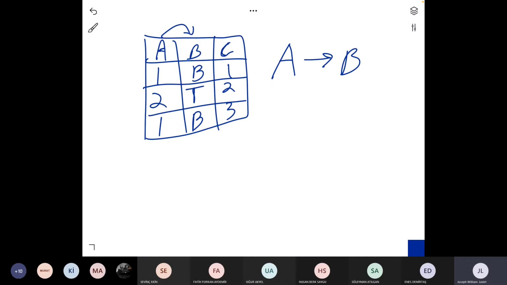Now, what about C over there? Does A determine the value in C? Yes or no? What do you guys think?